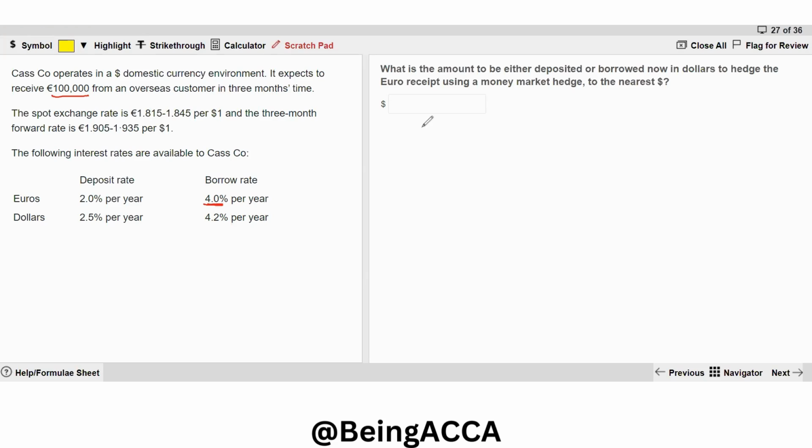If I convert it from a yearly basis, I want my interest rate to be for 3 months. So this is yearly, so divided by 12 and multiplied by 3. So 4 by 12, multiplied by 3, I get 1%. So 1% is my rate for 3 months.